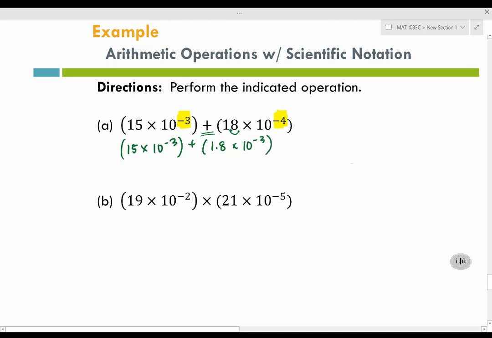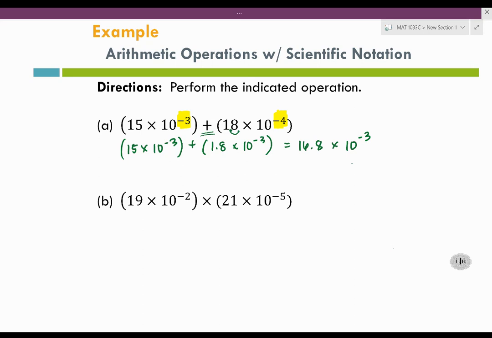And then I'm going to add their number parts together. So 15 plus 1.8, that's going to give me 16.8 times 10 to the -3. And remember, your answer must always be written in scientific notation. So 16.8 is a number that's bigger than 10. So I need to adjust the decimal.